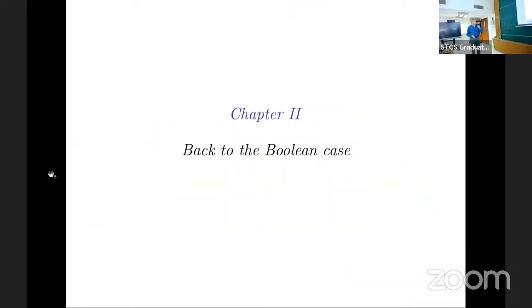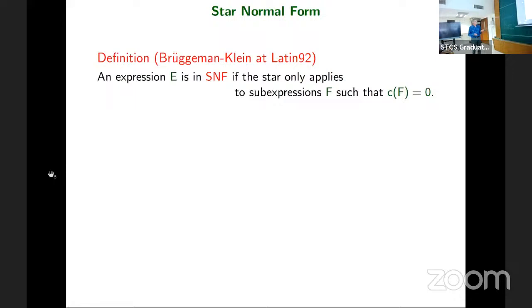Okay, just one thing, still about this net automaton. Of course we implemented this because we wanted to have something like the Thompson automaton in our system. And I don't know if you know what the star normal form of an expression is. You've heard of it. This is the transformation that comes from 92.